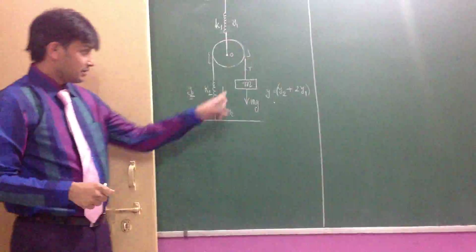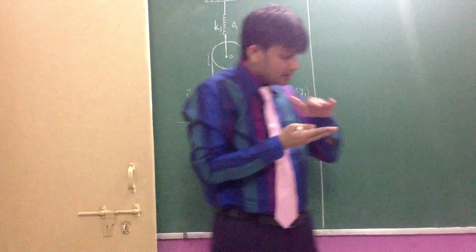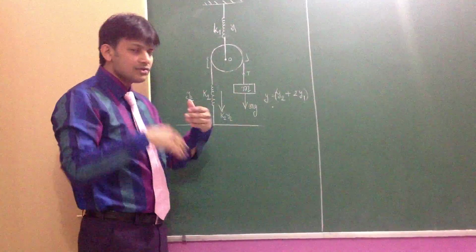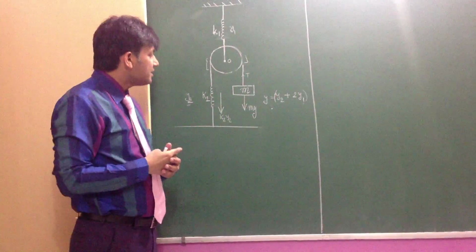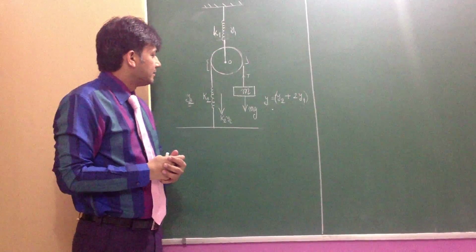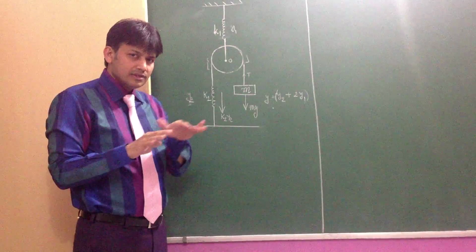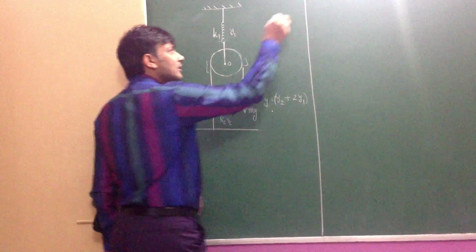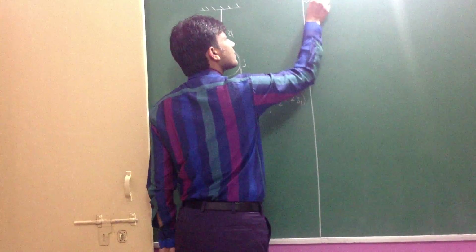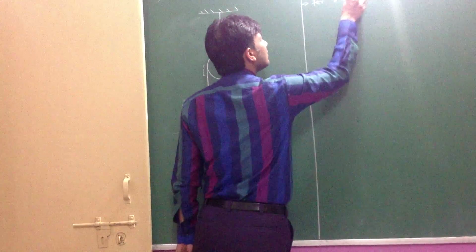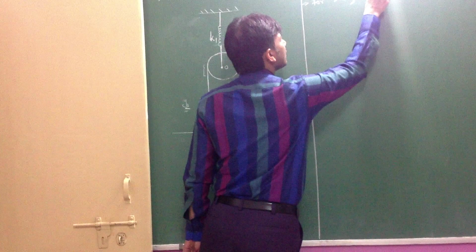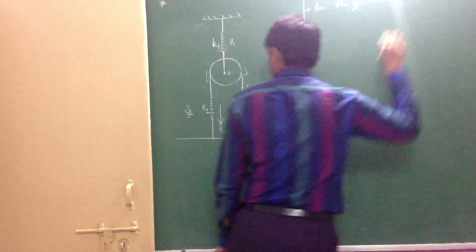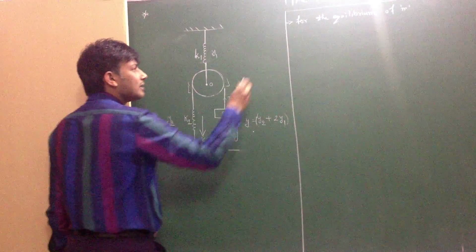Now, just now this M is in equilibrium. It is not oscillating at all. If we allow it to oscillate, what will be its time period? That we want to find. In that case, I will use the phenomenon of equilibrium only. For the equilibrium of M, this T is equal to mg.